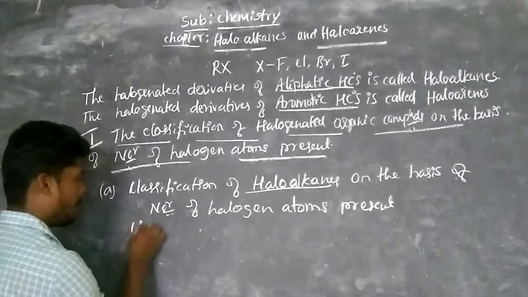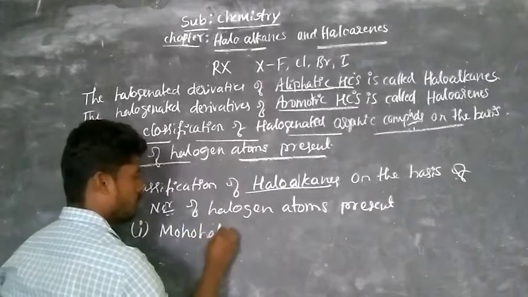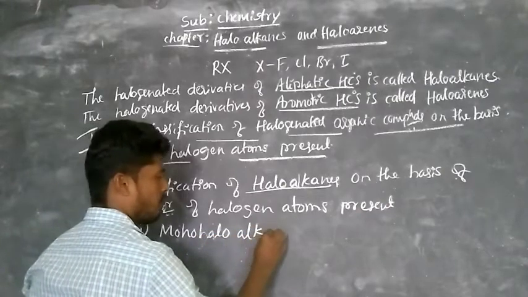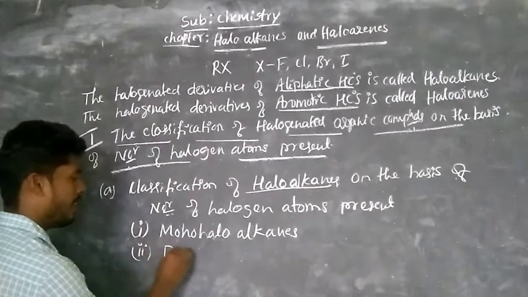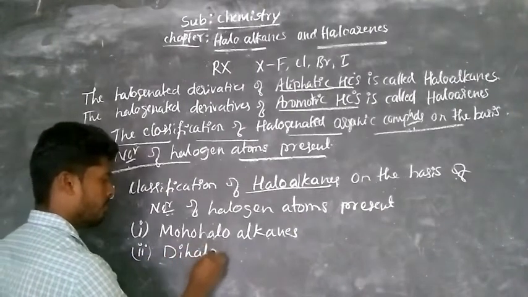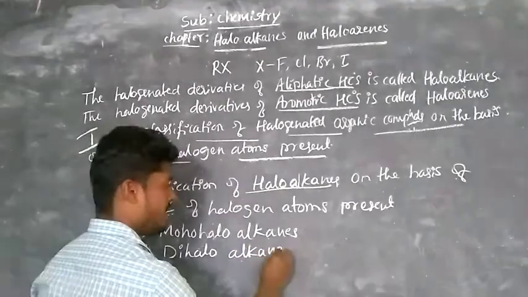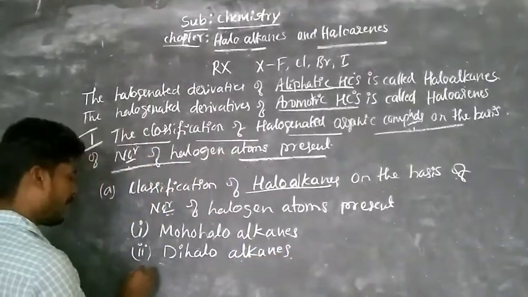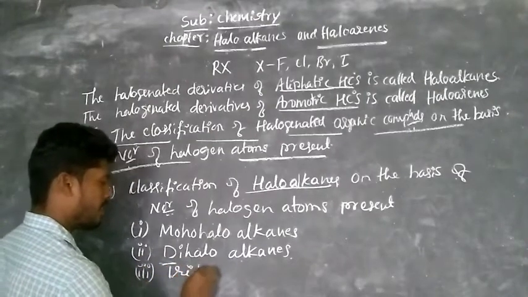The first one is monohaloalkanes, the second one is dihaloalkanes, and the third classification is trihaloalkanes.